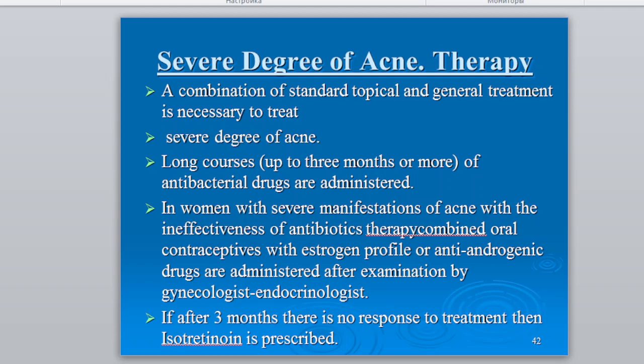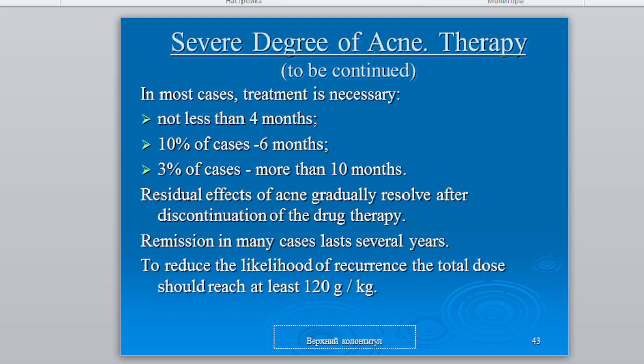In women with severe manifestations of acne with the ineffectiveness of antibiotic therapy, combined oral contraceptives with estrogen profile or anti-androgenic drugs are administered after examination by a gynecologist-endocrinologist. If after 3 months there is no response to treatment, then isotretinoin is prescribed.